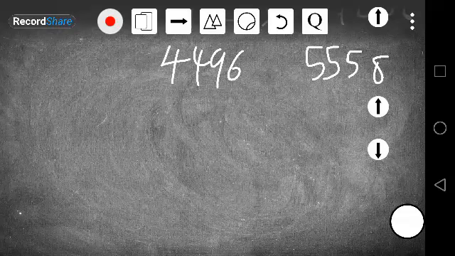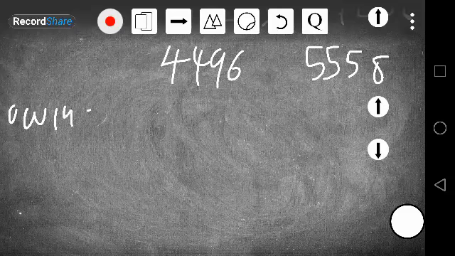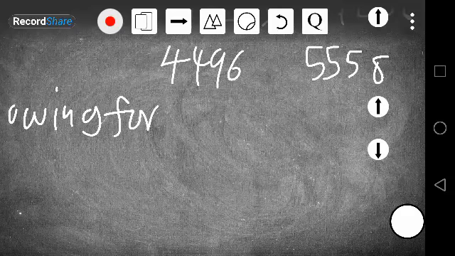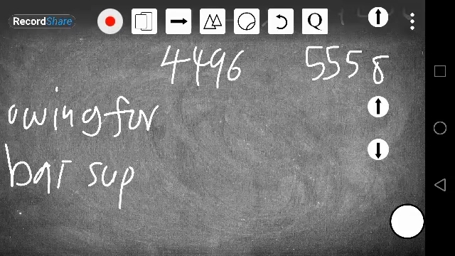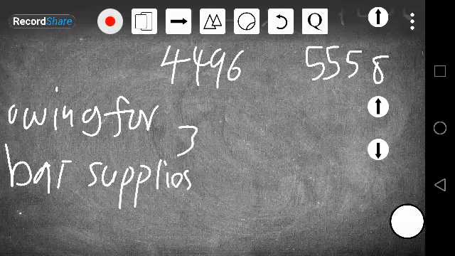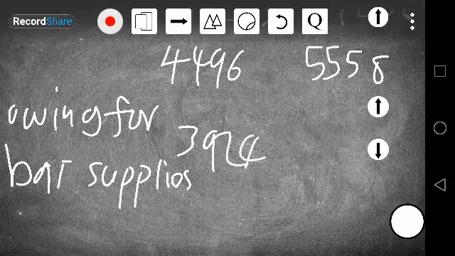Then owing for bar supplies, owing for bar supplies with 3,924. And 4,340.